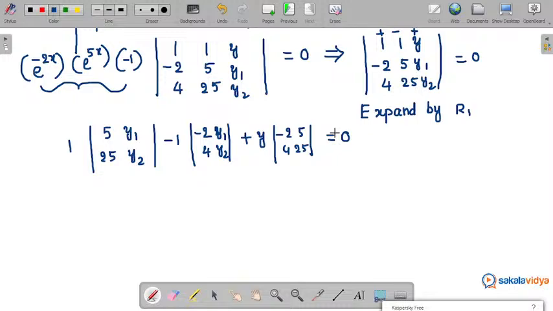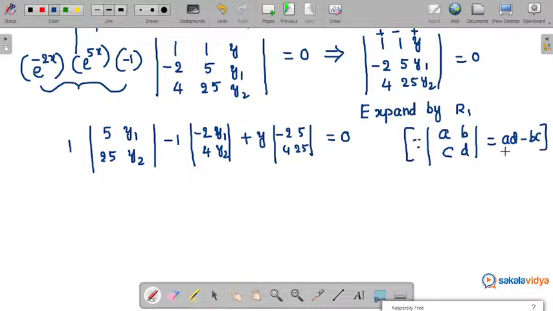So let us expand. We know how to expand the 2 by 2 determinant. Determinant of ABCD is equal to AD minus BC, just like in the previous problem we have done. This is the determinant of a 2 by 2 matrix. Clear?